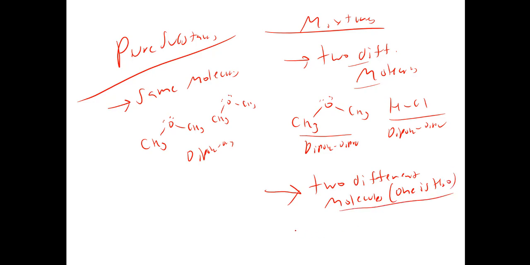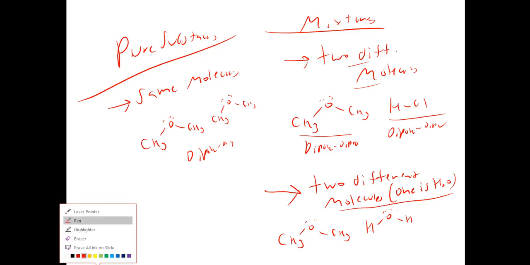So for example, I could have a mixture of water and this substance called dimethyl ether. It turns out that when you have a mixture, it is possible, going by the rules that we learned earlier, to have hydrogen bonding between the molecules.